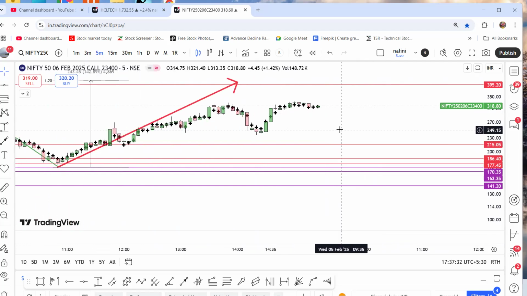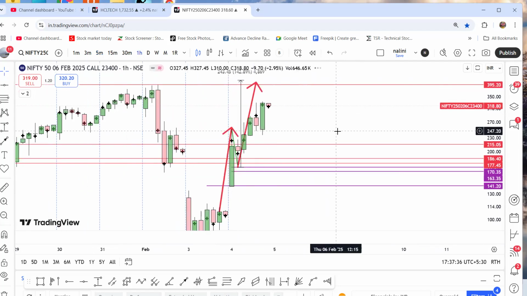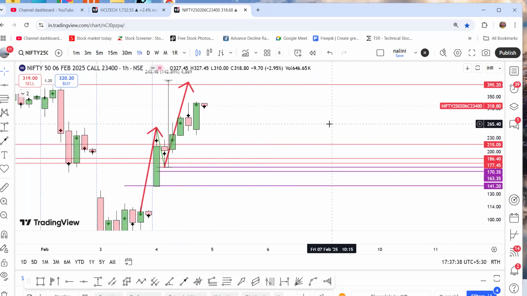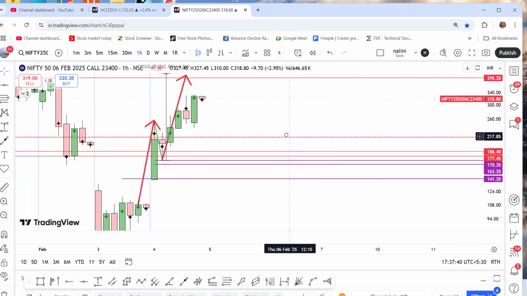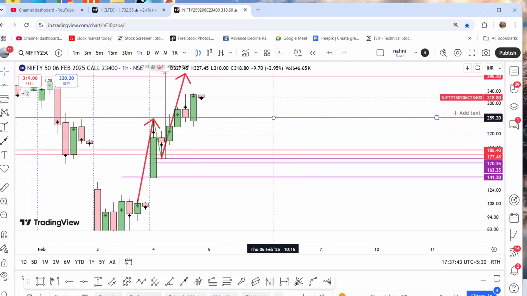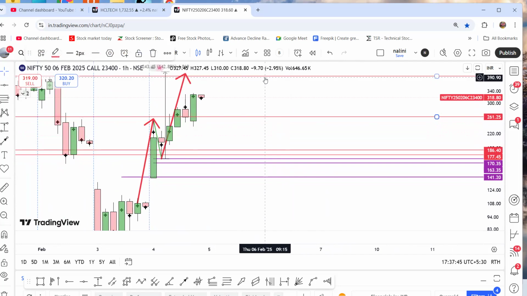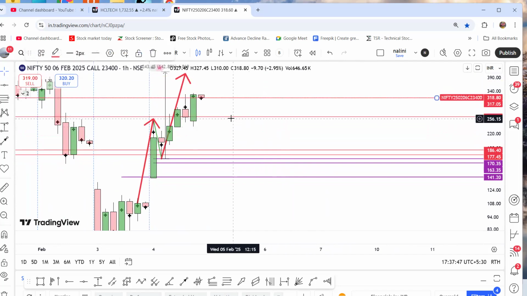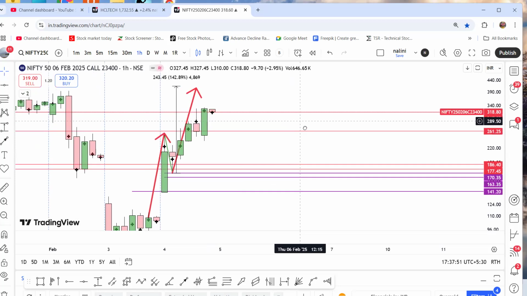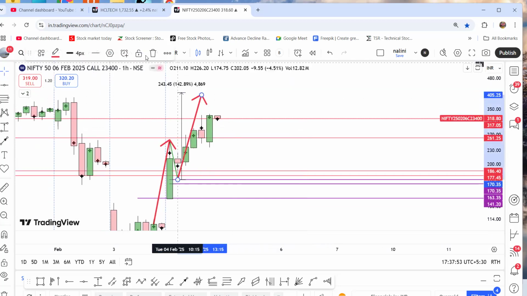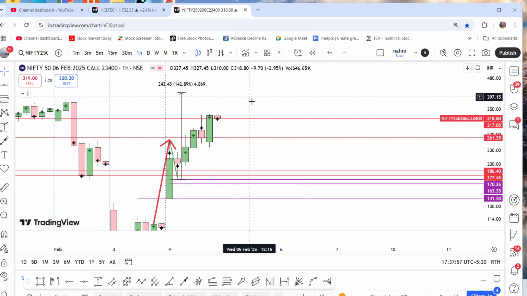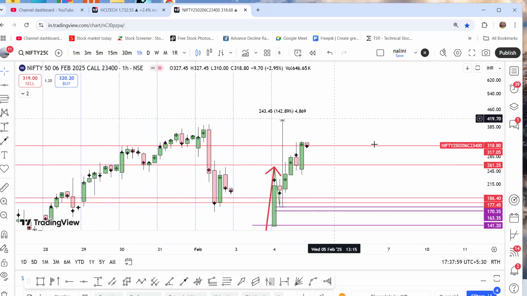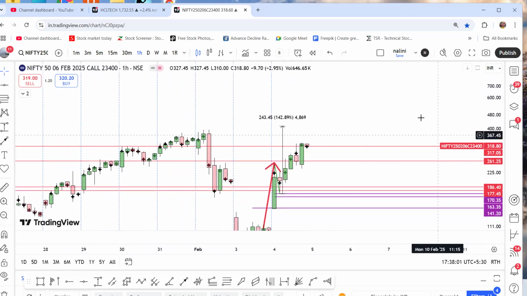For your reference for tomorrow, put the time frame to hourly and mark this level. The option premium should not go below this. If you get a discount around this level, suppose the market comes down, that is a common thing. The market will go up, come down, retrace a bit, and then trend further.